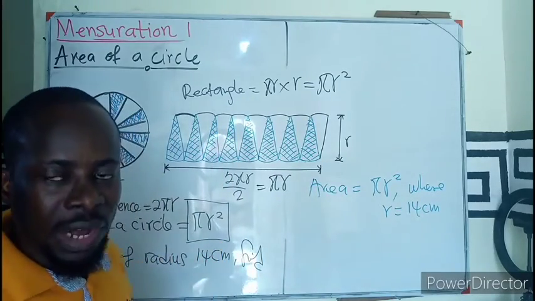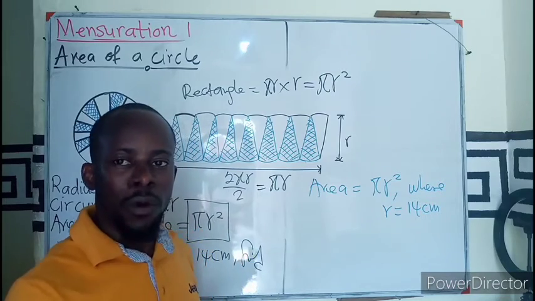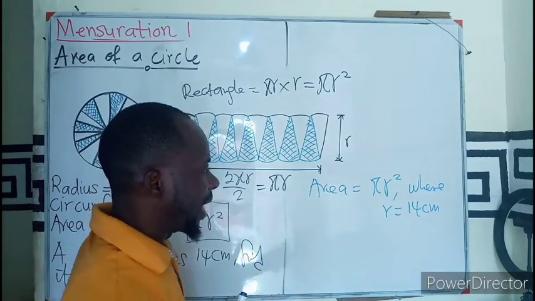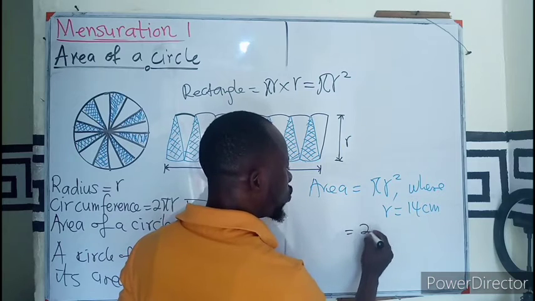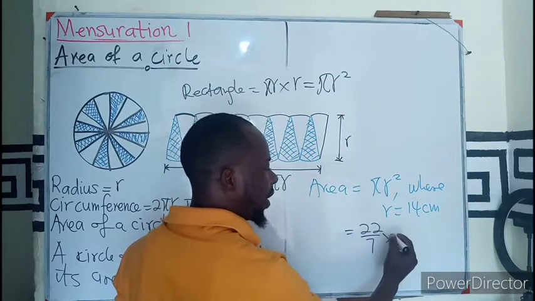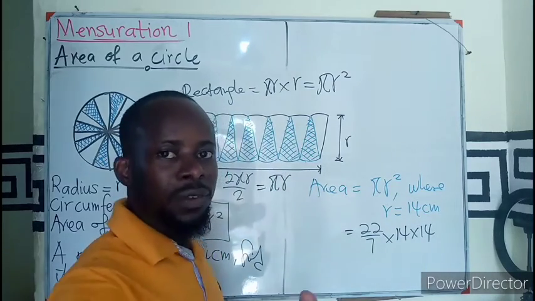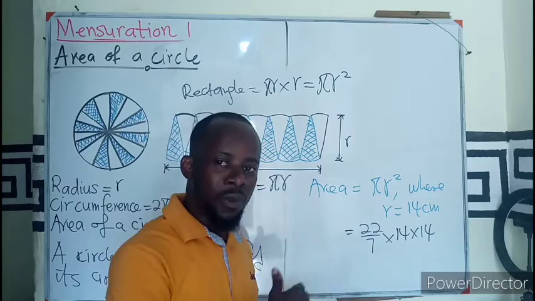The pi is always a constant, 22/7 or 3.142. So here by substitution, 22/7 will multiply the radius, in this case 14 times 14. 14 squared is 14 times 14.